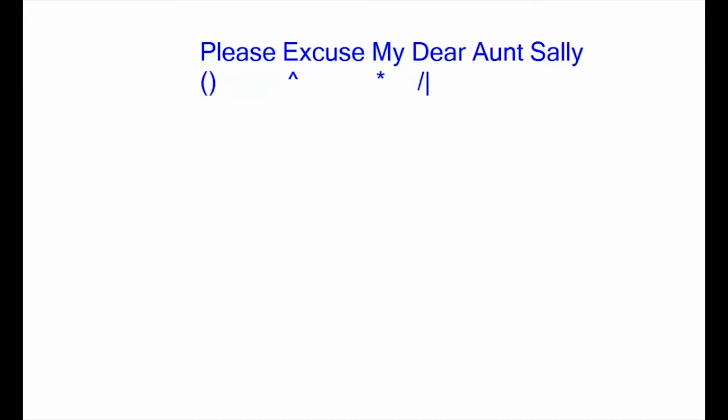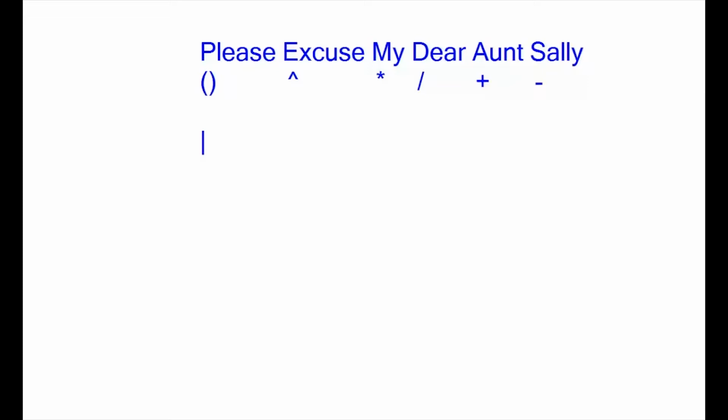The D in dear represents divide. The A in aunt, of course, is addition. And the S in Sally represents subtraction. Please excuse my dear Aunt Sally is a fancy, fun, convenient way to remember the order of operations. This is not Excel. This is math.